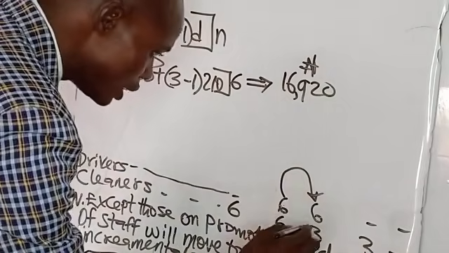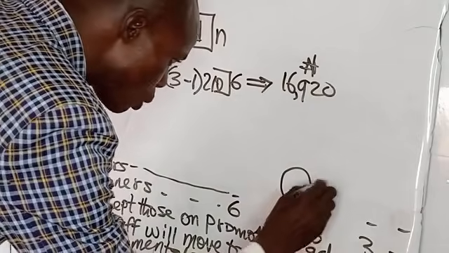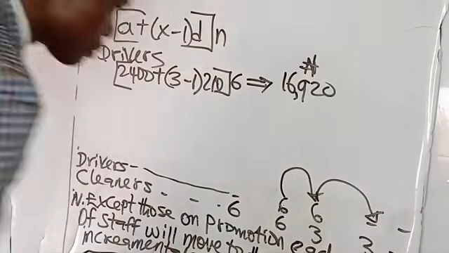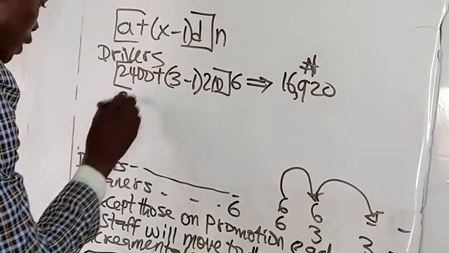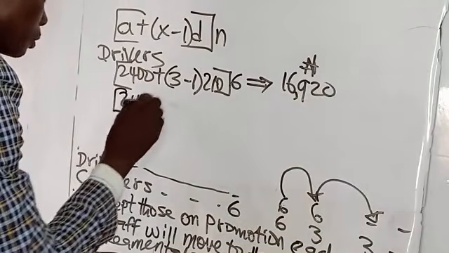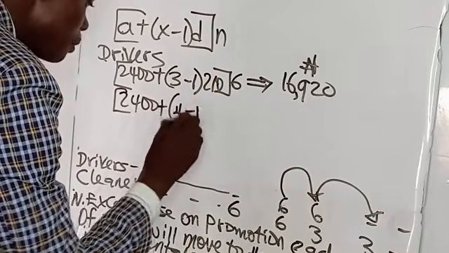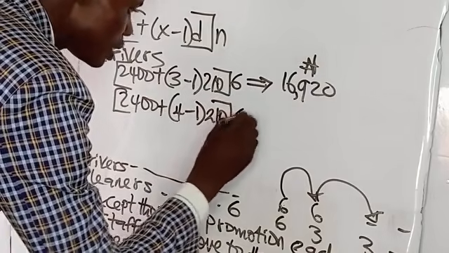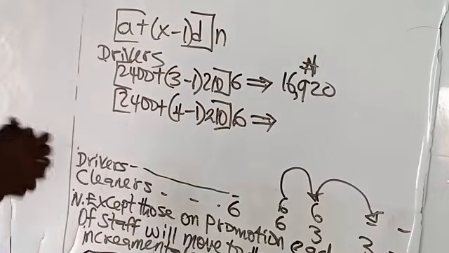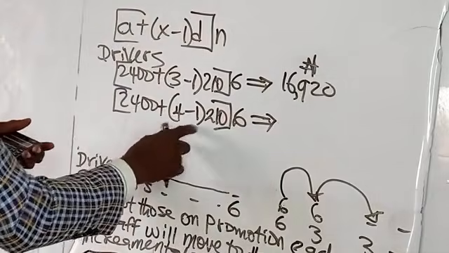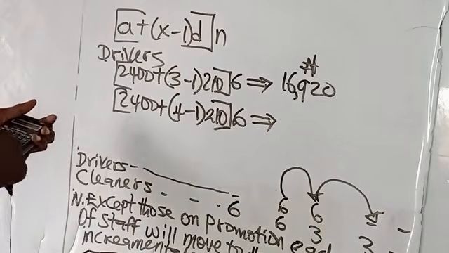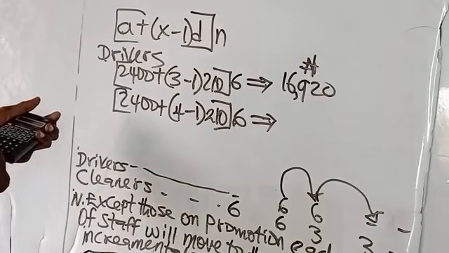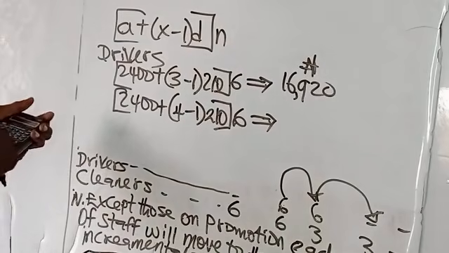6 were in step 3 who are now moving to step 4. So we have 2,400 plus step 4. 210 is the increment multiplied by 6. So 4 minus 1, 3. 3 times 210, that is 630, plus 2,400.